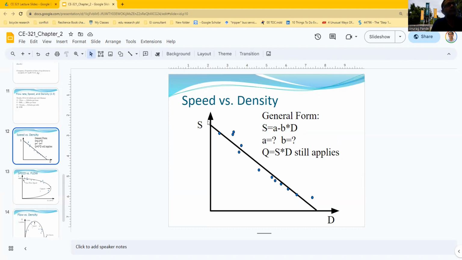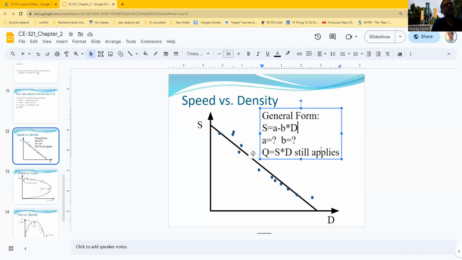So this linear relationship, these blue dots are the real data points, and then this is the fitted line here that I'm drawing, a loosely fitted line, the best fit line. And when speed and density have a linear relationship, we call that equation the Greenshields model of speed density relationship.